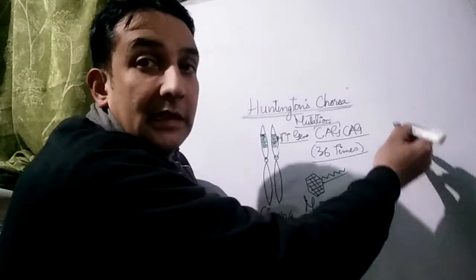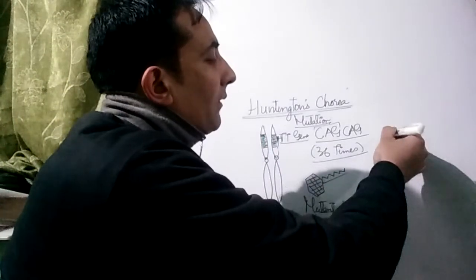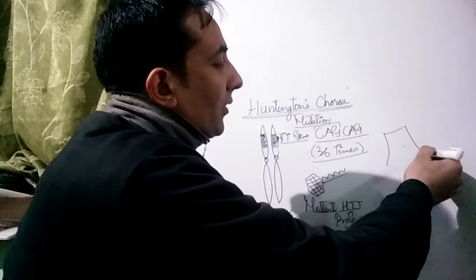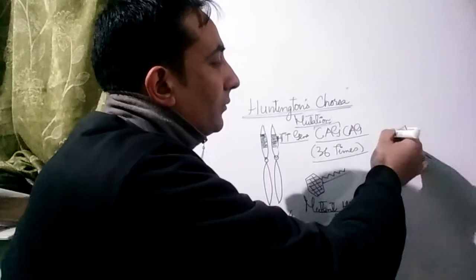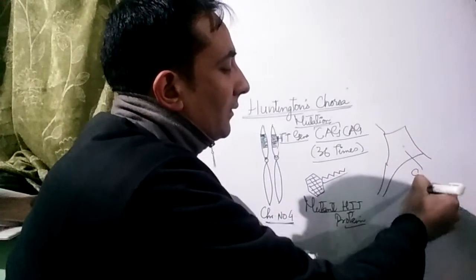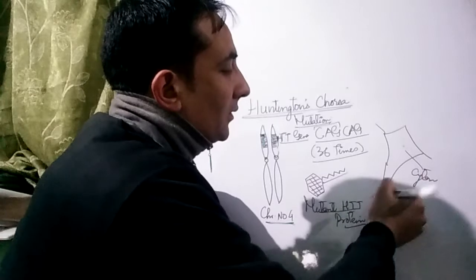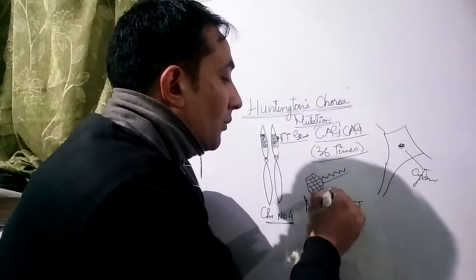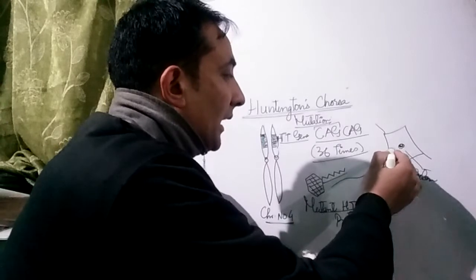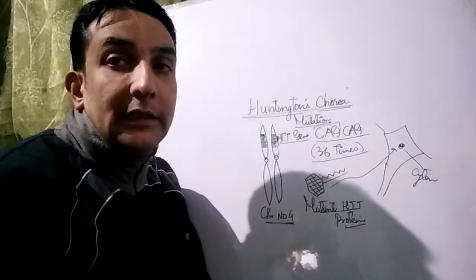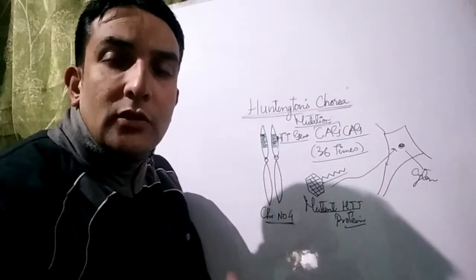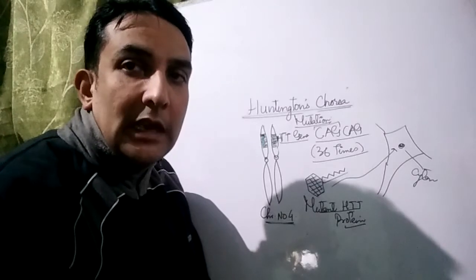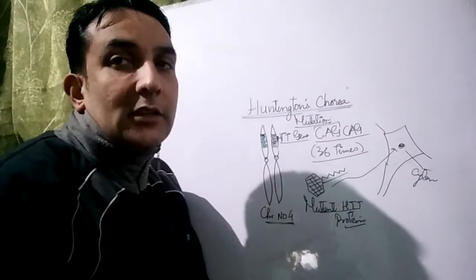Again, I will draw here the cytosol of the neuron. This is the cytosol, this over here is the axon, this is the nucleus of the cell. The mutant HTT protein will now go into the nucleus of the neuron. Once it goes into the nucleus of the neurons, it creates problems.